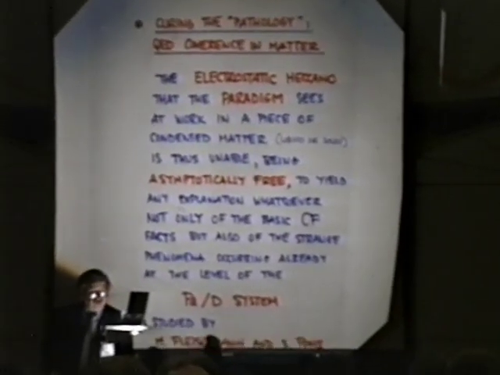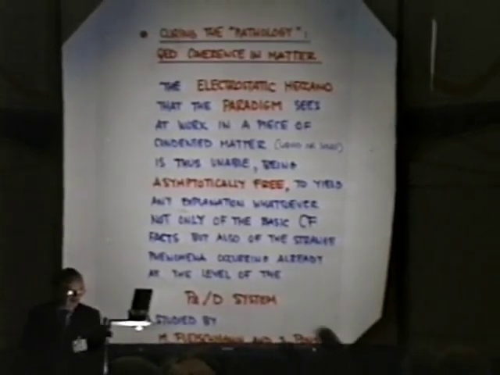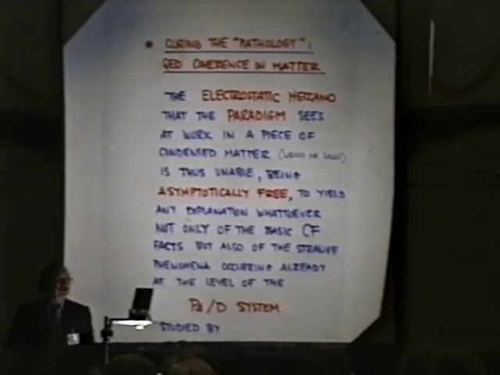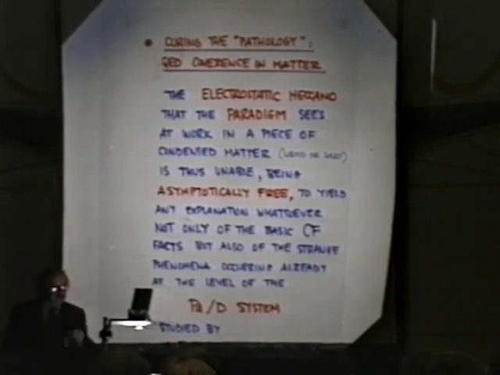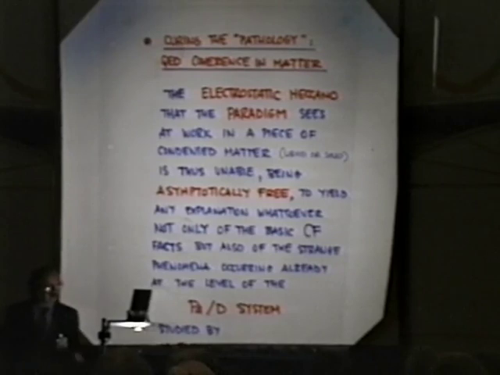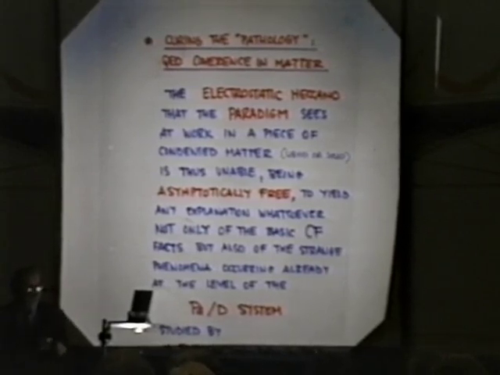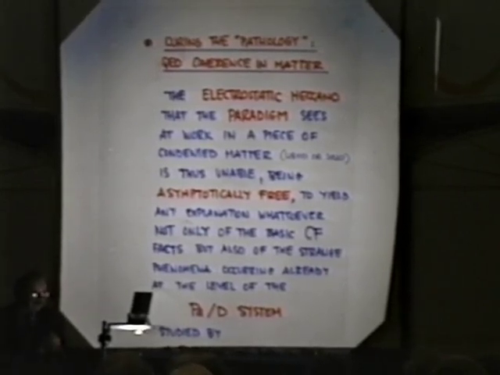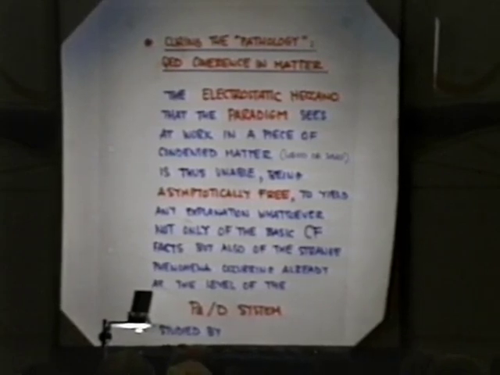Let me now try and show you how you can cure the pathology through the necessary step that one has to take to use correctly the laws of nature which are already known, and that is QED. Now, the paradigm uses only the electrostatic part of QED and builds a picture of matter which I've called the electrostatic mechanism.